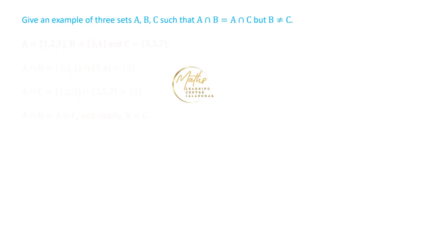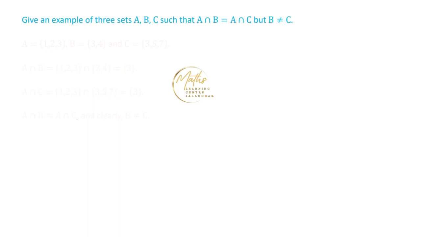Next is, give an example of three sets A, B, C such that A intersection B is equal to A intersection C, but B is not equal to C. This is just like the cancellation law we have for numbers.